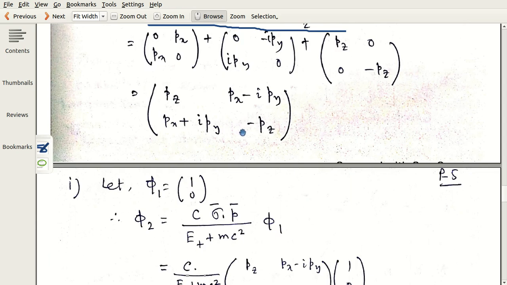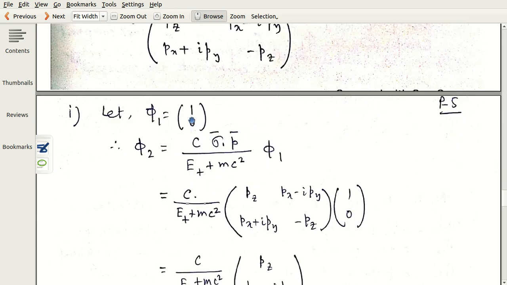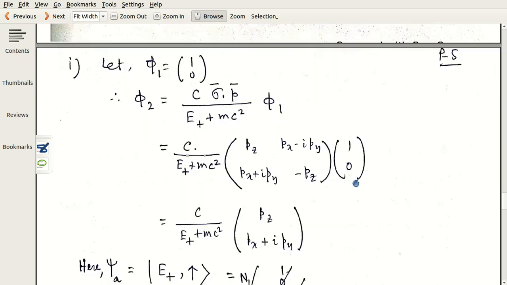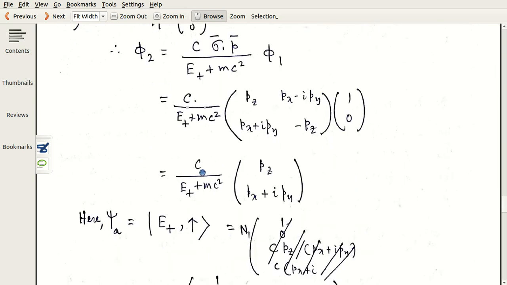And now let us consider phi 1. If phi 1 is (1, 0), then phi 2, from equation 12 given here, use the sigma dot p matrix times (1, 0) and expand it to find out phi 2 as c by E plus mc square, pz by px plus i py. A very simple thing.